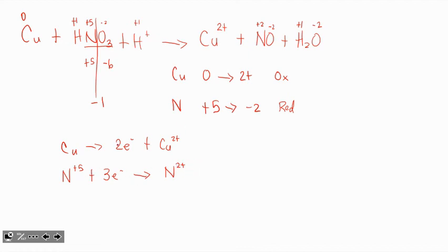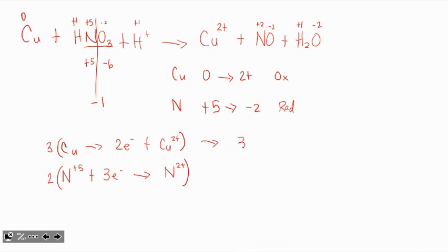We are going to have to get this least common multiple for our electrons. We need to multiply these through, and this time the least common multiple again is 6. So I'm going to multiply this equation by 3. I'm going to multiply this equation by 2. That will get me to where I need to be.